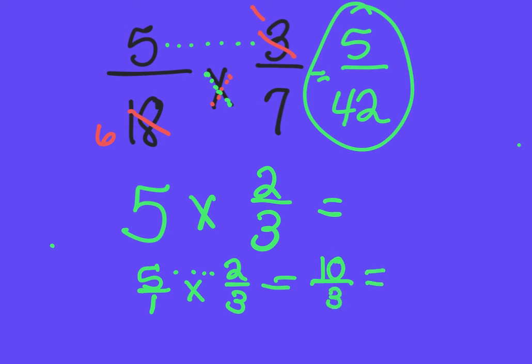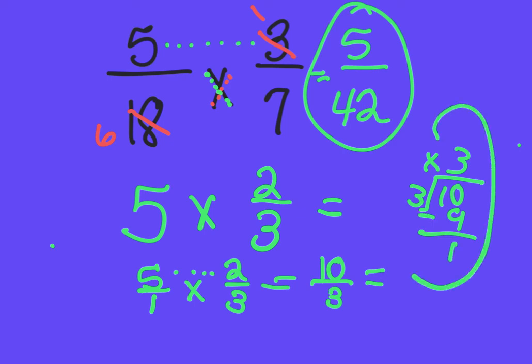That is an improper fraction. So you would say 10 divided by 3. That's 3 times. 3 times 3 is 9. I subtract. I get 3 1/3. That's the next lesson, but there's a heads up on that one.